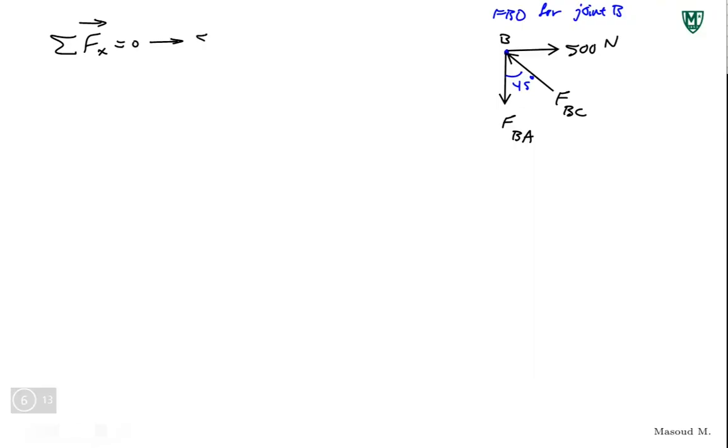That will give me 500 minus F_BC sine 45, and that's pretty much it, is equal to 0. So I can find F_BC. Double check. Yes, it would be 707.1 Newton.